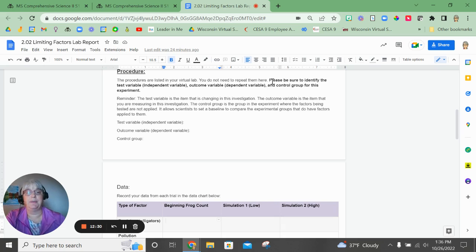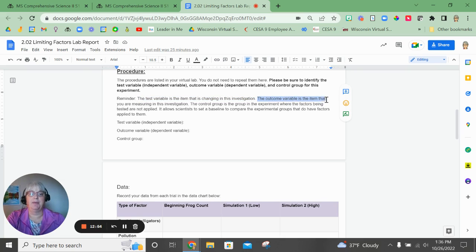You do not need to repeat them here, but you do need to identify the test variable, which is the independent variable, the outcome variable, which is the dependent variable, and the control group for this experiment. Remember, the test variable is the item that is changing. What did you change? You slid the lever back and forth. What were those things called?